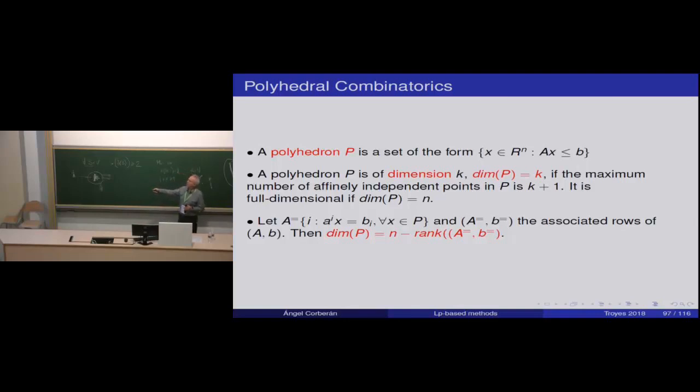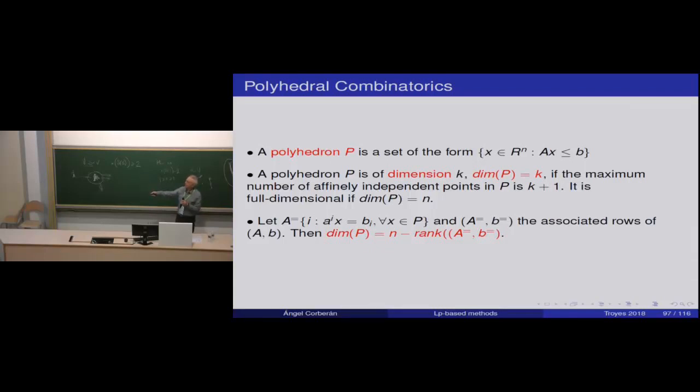You know, a polyhedron is a set of vectors satisfying a set of linear inequalities. The dimension of a polyhedron, we say that this dimension is k if the maximum number of affinely independent points is k plus 1.